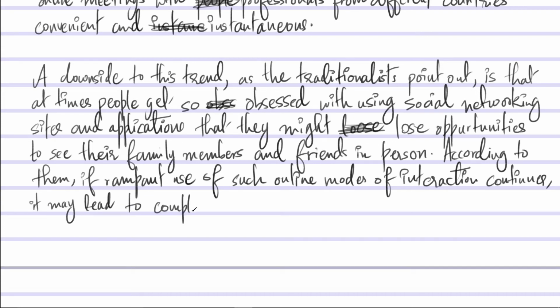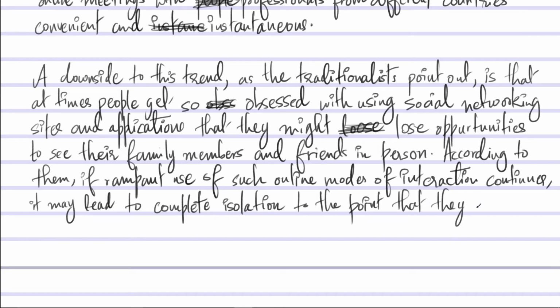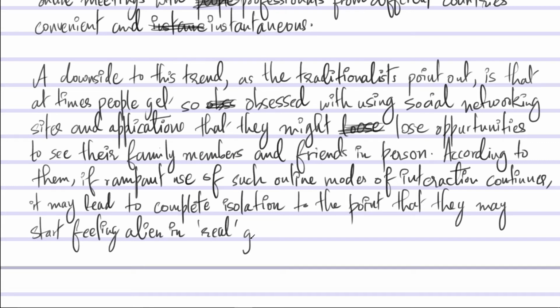It may lead to complete isolation to the point that they may start feeling alien in real group gatherings. So these are some negative points against the changes brought about by technology.